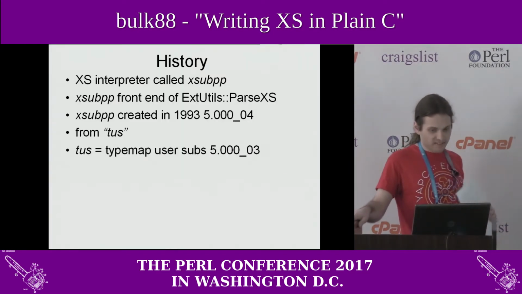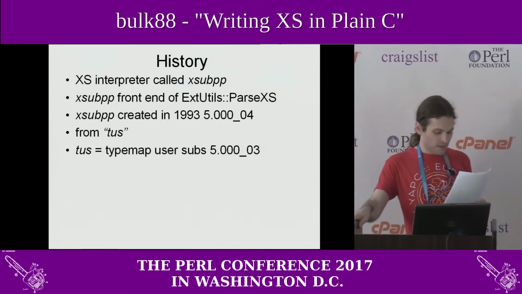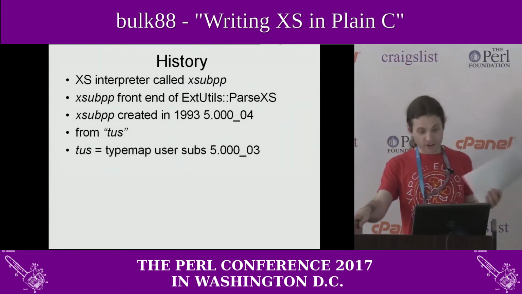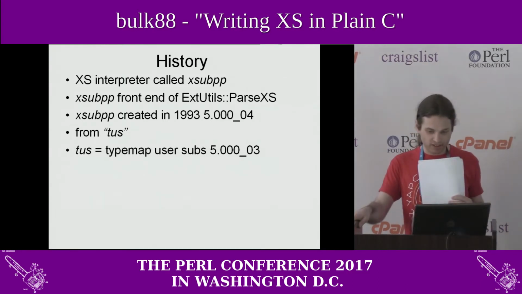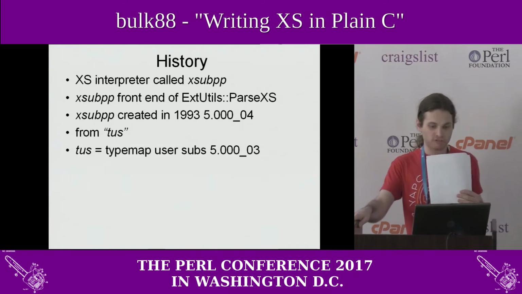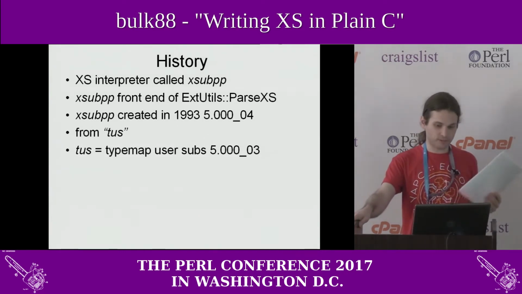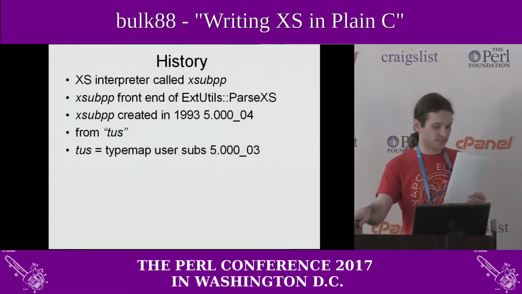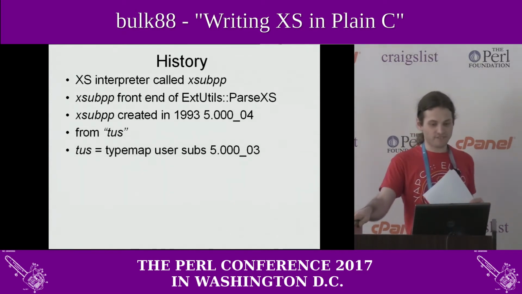XS code is converted to C code by a tool called XSubPP, which is currently a wrapper around ExtUtils::ParseXS, although originally XSubPP was a standalone tool and was not a module that could be reused. XSubPP is really old. It's from 1993 from Perl 5 Alpha 4.